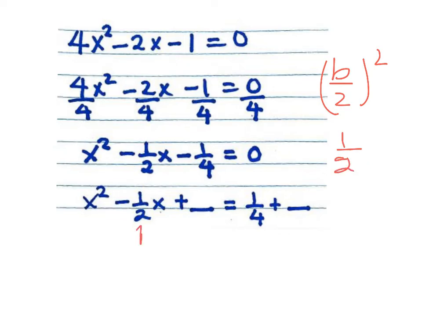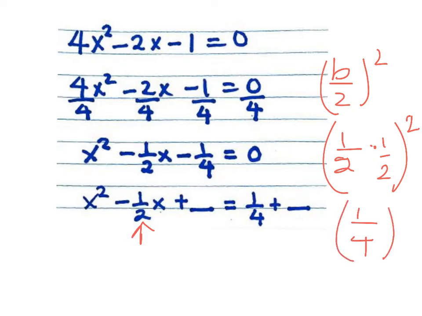So we're going to do 1/2, which is this b right here, times 1/2. That's the same thing as dividing by 2. And then square the answer. So 1/2 times 1/2 is 1/4. And then 1/4 squared will be 1/16.